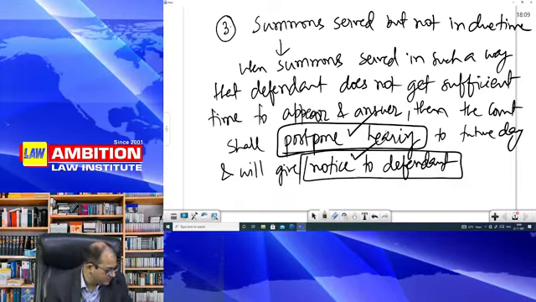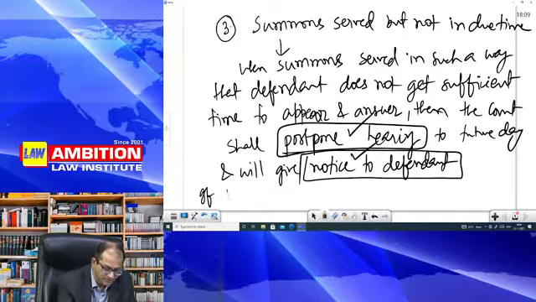Rule 6 does not contain much. Now see rule 6 sub rule 2. Where it is owing to the plaintiff's default that the summons was not duly served or was not served in sufficient time, the court shall order the plaintiff to pay the cost occasioned by the postponement.